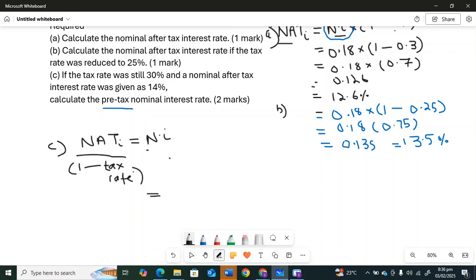Okay, so our nominal after-tax interest rate is what? Wait, the tax. Oh, our nominal after-tax rate is 14%. So 0.14 divided by 1 minus the tax rate, which is 0.3.